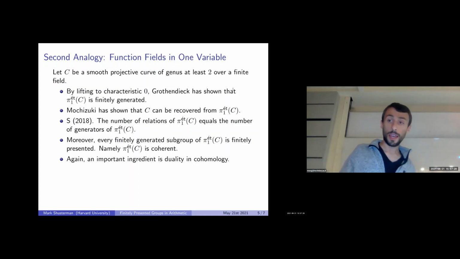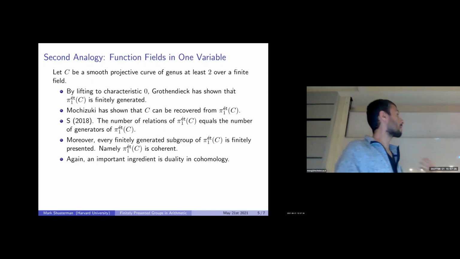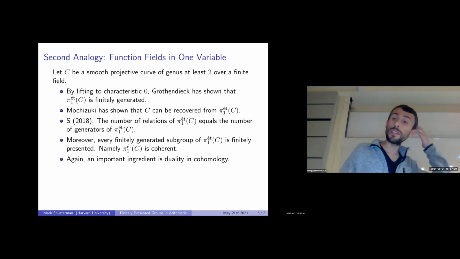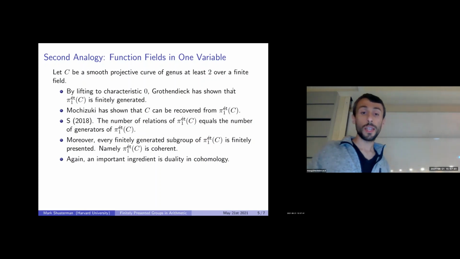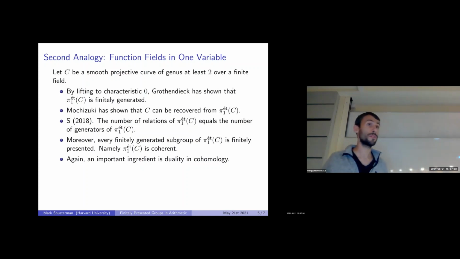And having some motivation from three manifolds, I was able to show that this group, this fundamental group, is coherent, namely every finitely generated subgroup is also finitely presented. So this result about three manifolds somehow carries over to this world, and also we know again that the number of relations equals the number of generators, which is something we saw on the first slide about three manifolds.